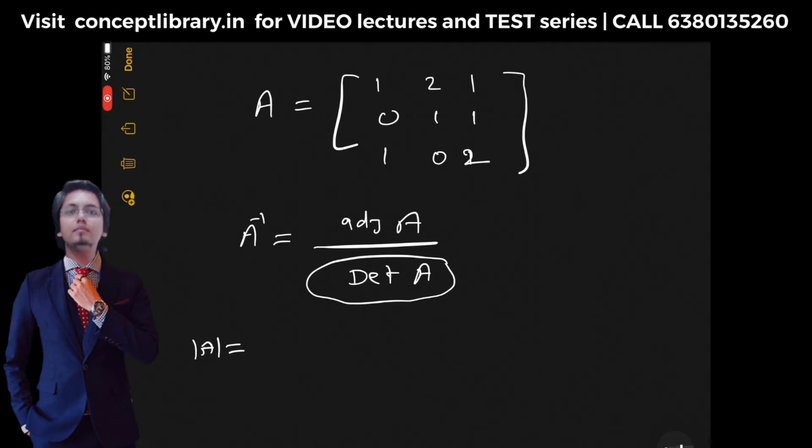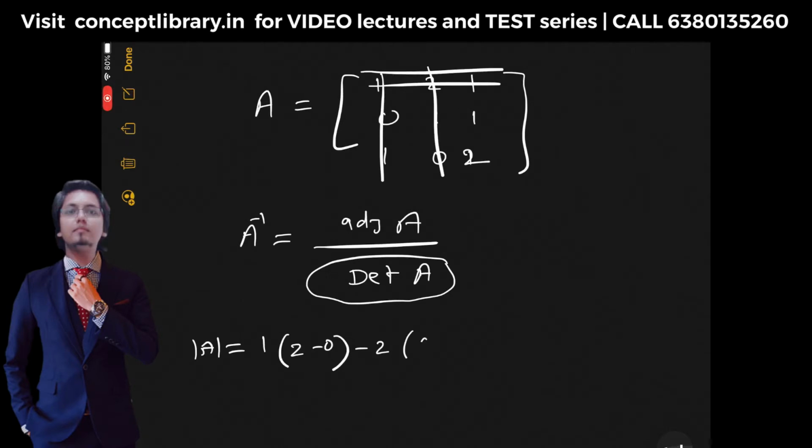So 1 and this you leave, multiply 2 minus 0 and then minus 2, then this and this you leave, so 0 minus 1 and then plus 1, then this and this you leave, so 0 0 1 1.